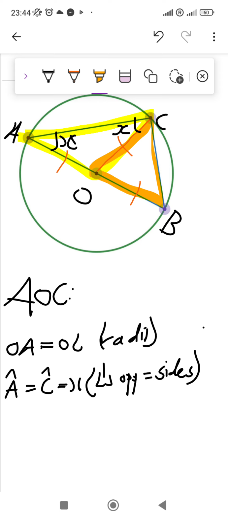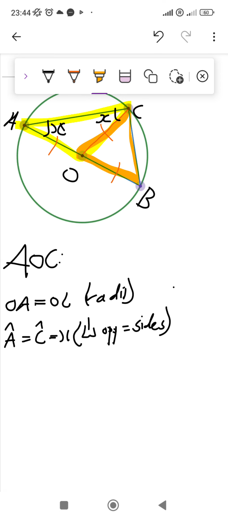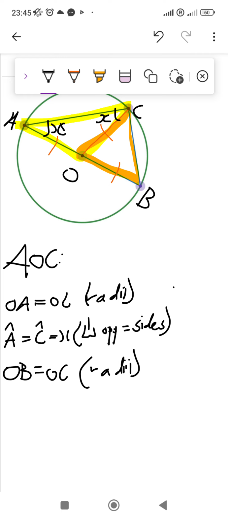So let's start by saying OB. Let's use our pen. OB is equal to OC, that is still radii. Right, radii, that's written over there. And then we'll know because of the radii that these angles are equal.